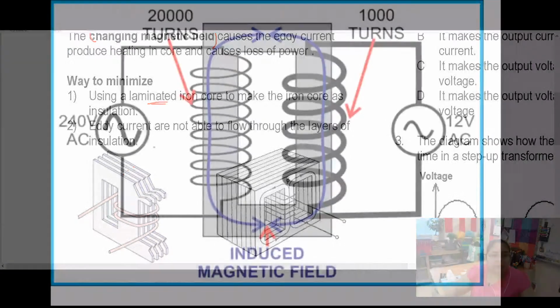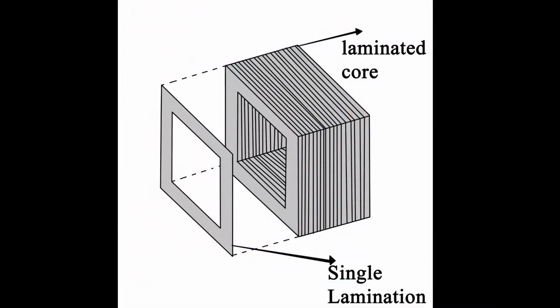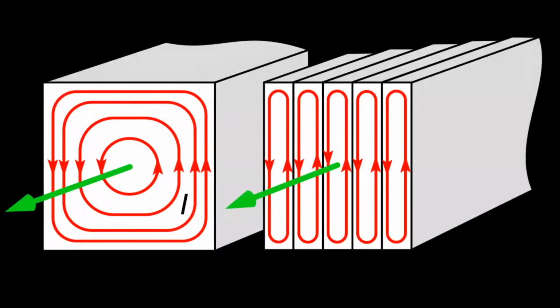Let's see the diagram here. Number 9. This one is a laminated core. This one is a single laminate, and behind it is continuous. Now you see this part. Can you see the turning, the red color turning? That is the changing magnetic field. If I use the first one, can you see that it is a whole, big bar?